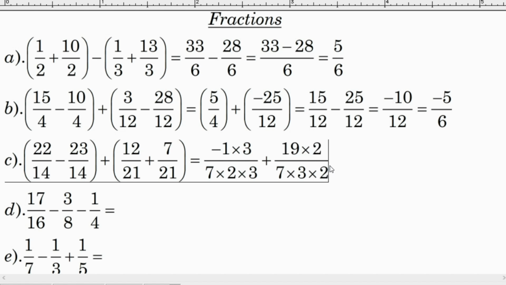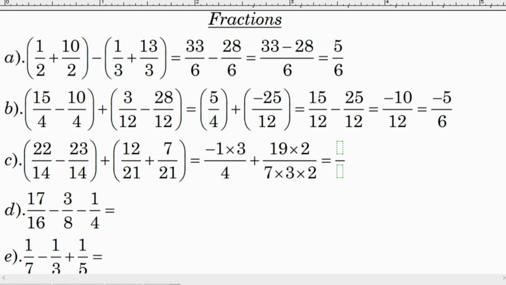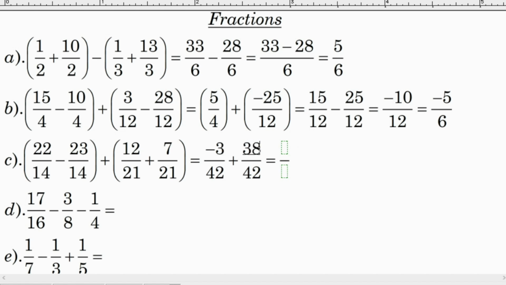Okay, so then equal. Now as we can see, we have 7 multiplied with 2 and multiplied with 3, 42. And here is also 42. So here is equal to minus 3, and here is equal to 38.